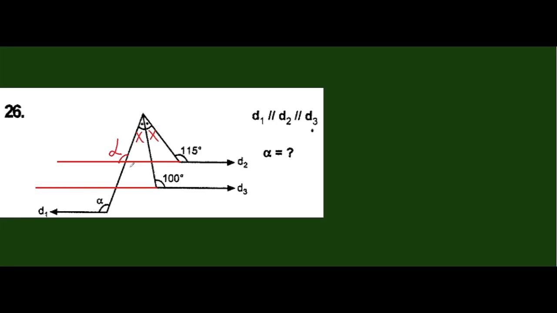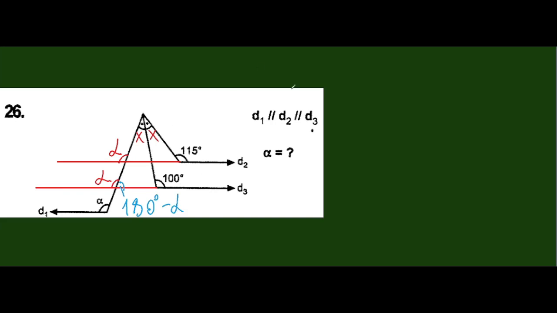And the next step is here also will be alpha, because D1 is parallel to D3, and this angle will be 180 minus alpha, and the sum of x and this will give us 100.